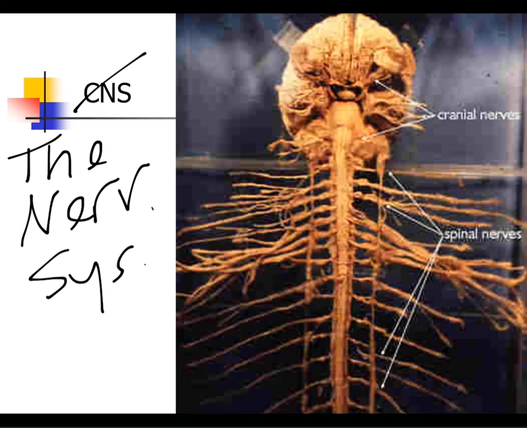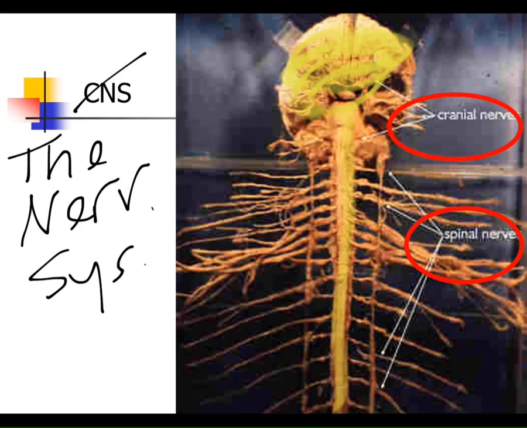Because the CNS is only what? The brain and the spinal cord. But this picture also has, the dissection includes what? I've also got on here the cranial nerves that we'll talk about and the spinal nerves, right? And those would be part of the PNS, right? Not the CNS. Because the cranial nerves and the spinal nerves are part of the PNS.